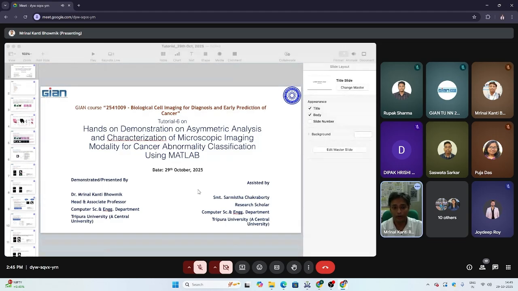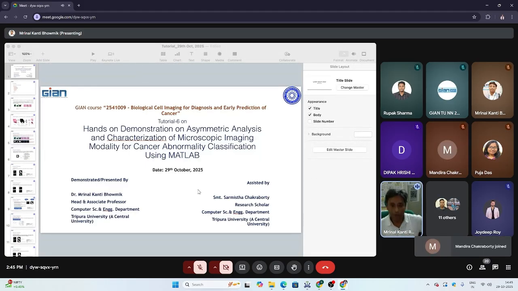So basically, Shormishta Chakraborty will assist me. For some parameters she will describe how to write the program using MATLAB. So we are going to start this one.